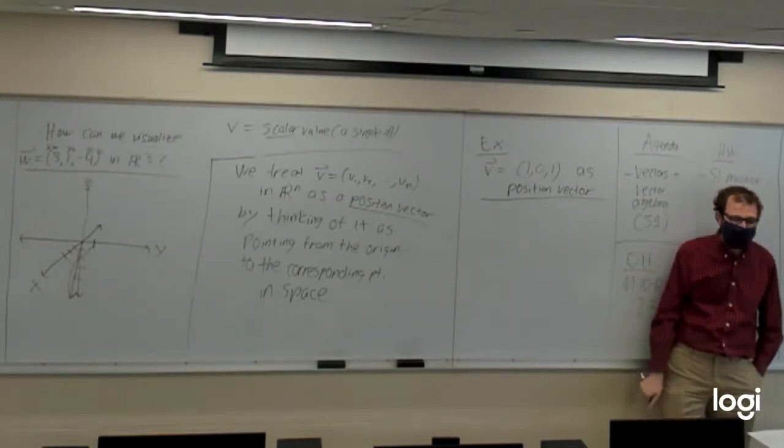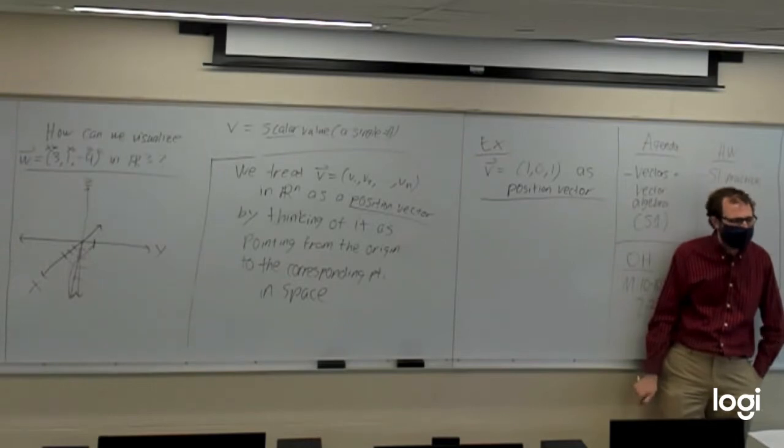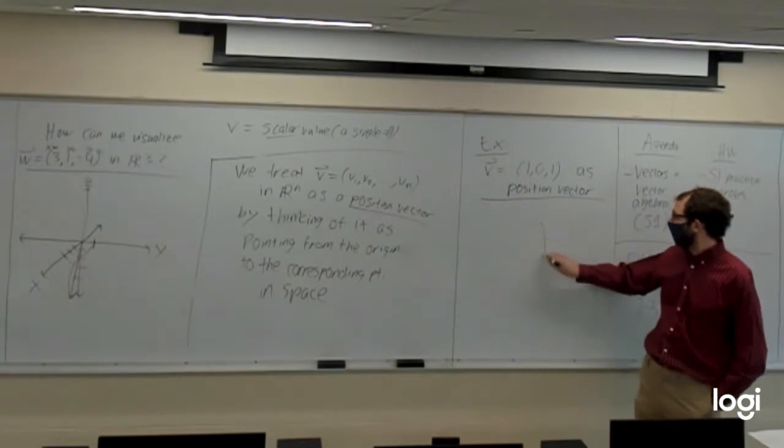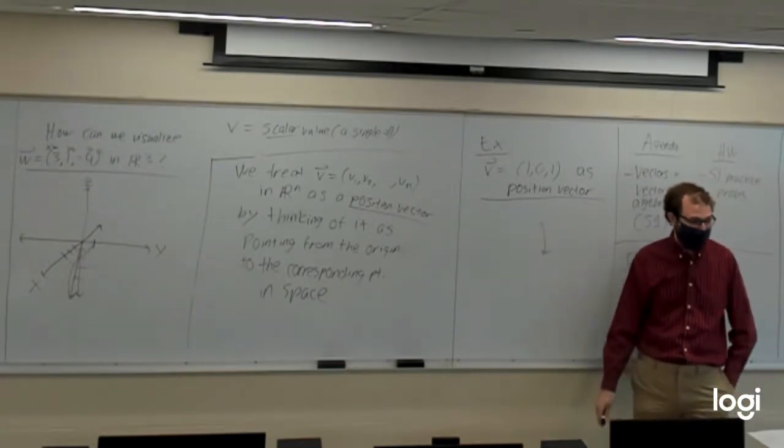If I wanted to draw out 1, 0, 1 as a position vector, what would I need to draw out? So I just do that and say, there it is, call it a day?